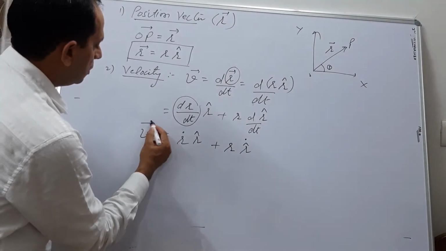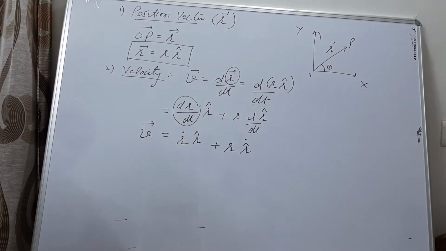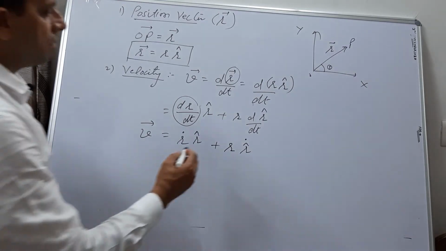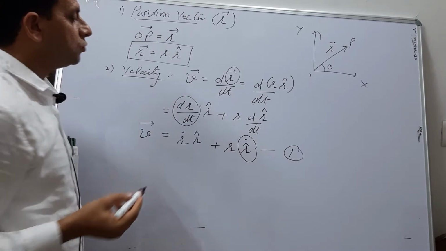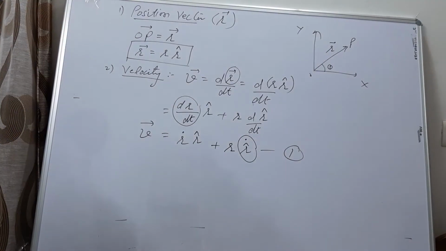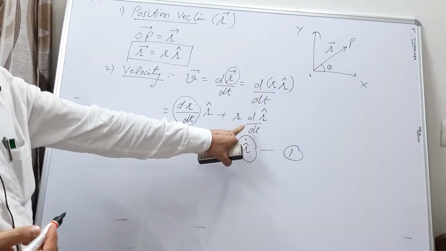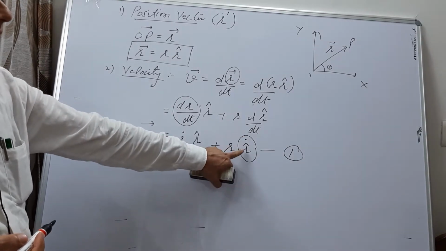So, this is the formula for velocity, equation number 1. Now, we have to find the value of this r cap dot, that is, the derivative of a unit vector.